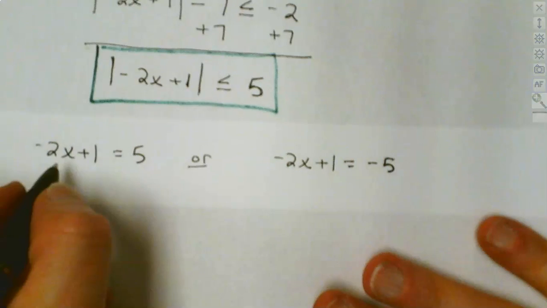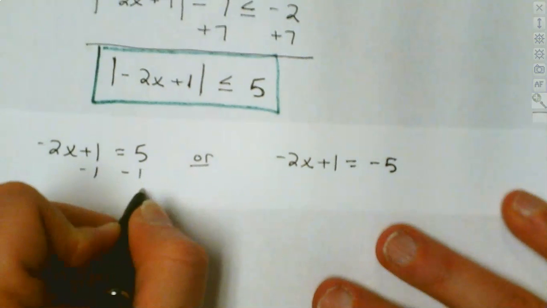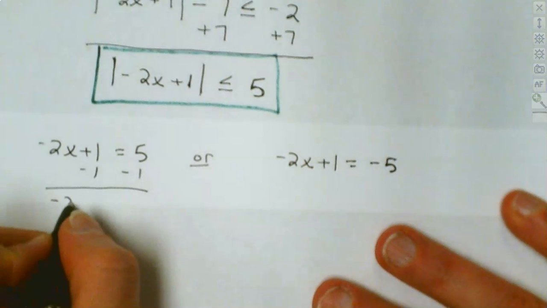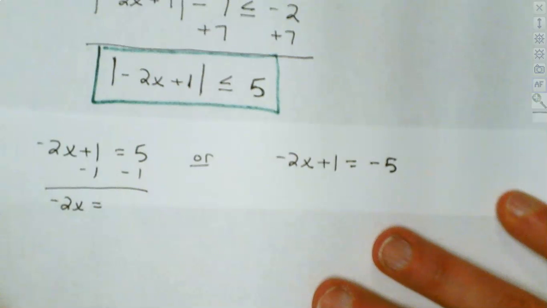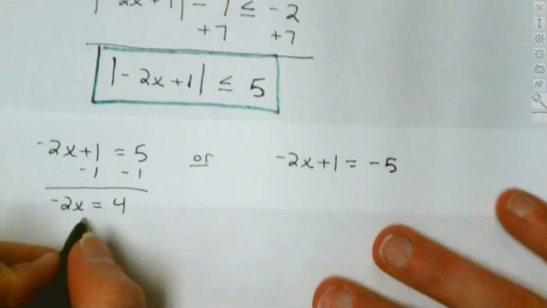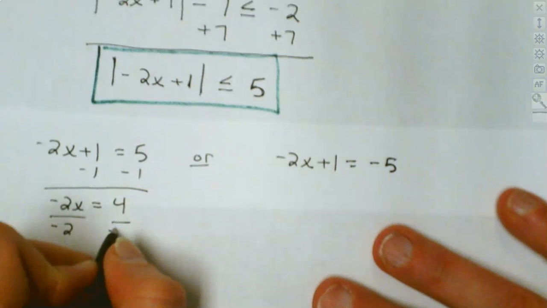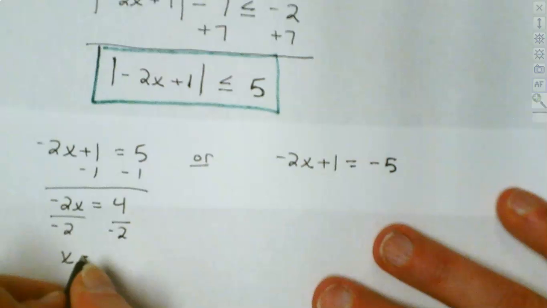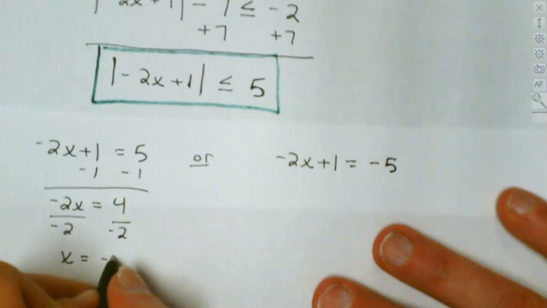Now we solve them. So we move that 1 over with subtraction. And 5 minus 1, that's 4. Divide by our -2. That gives you then x equals now -2.